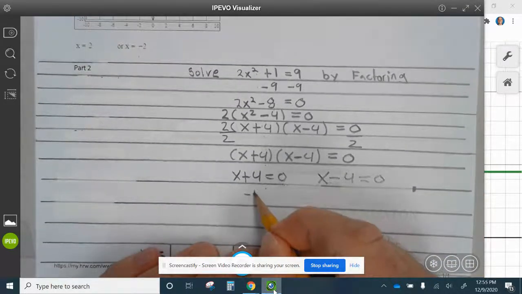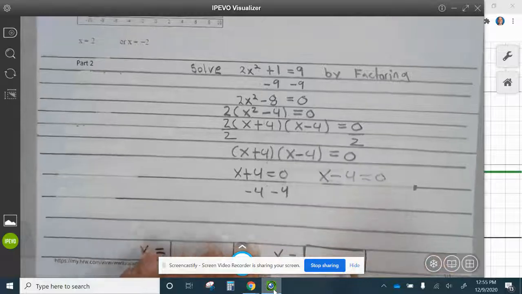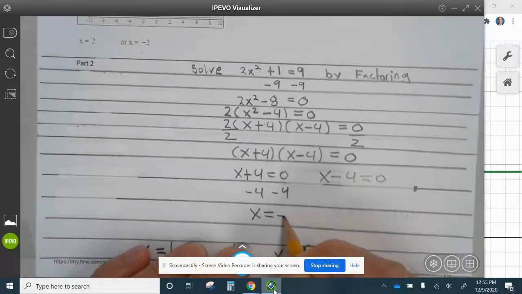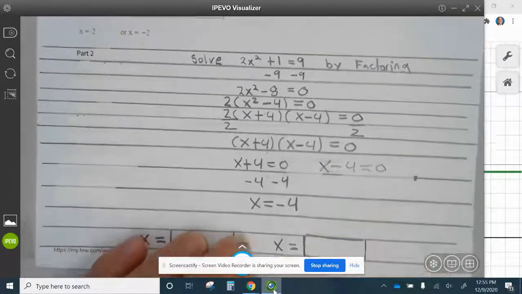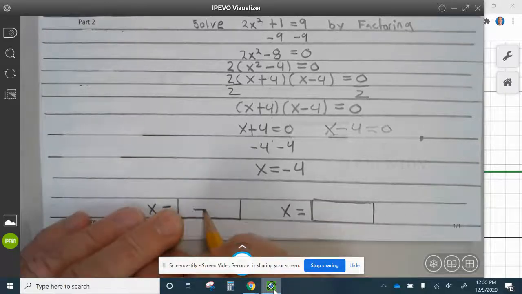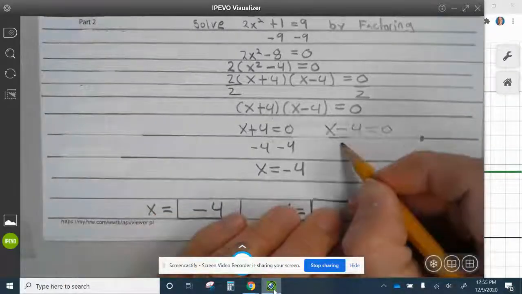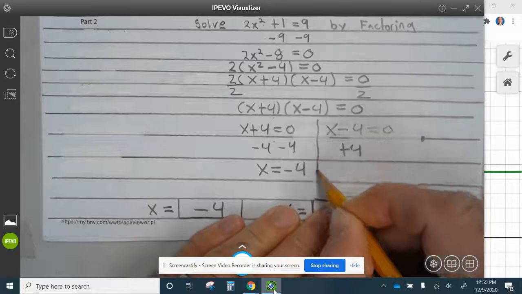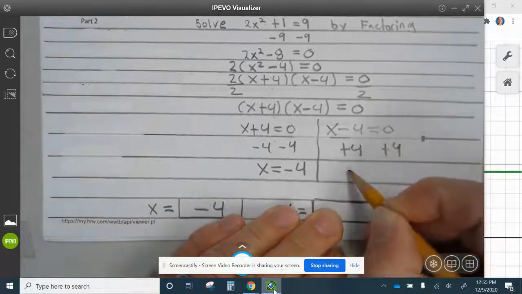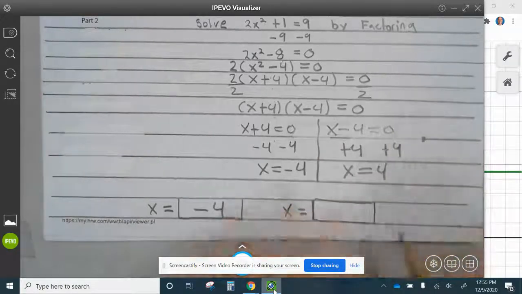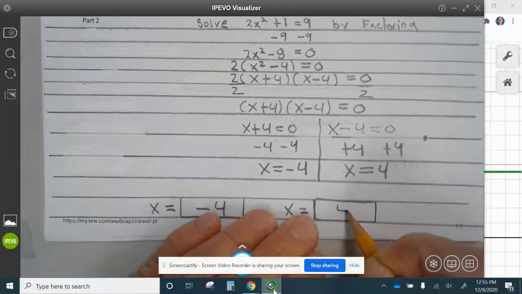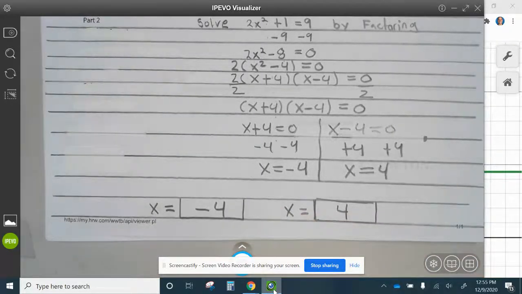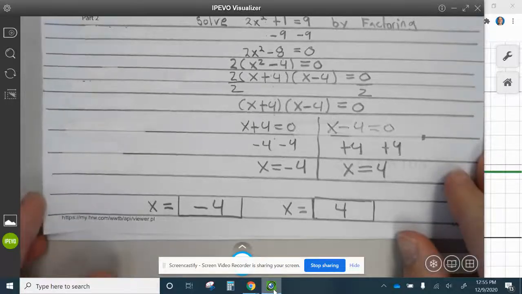So we subtract 4 from both sides, so x equals negative 4, and we're going to add 4 to both sides. So x equals 4. Okay, let's look at part 3.